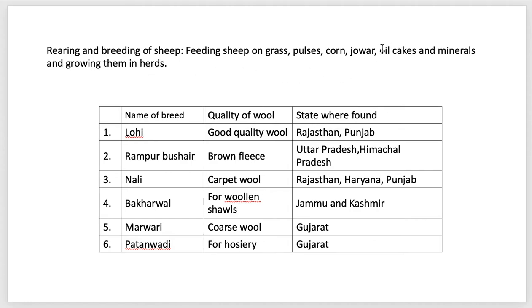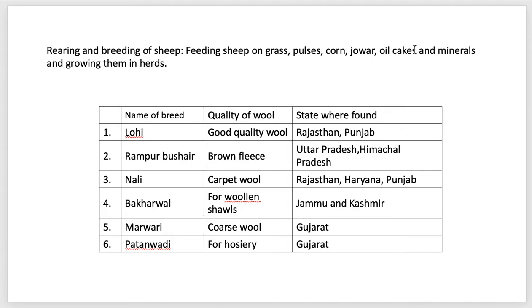What is oil cakes? Okay, let me make this simple for you. You know that oil can be extracted from certain seeds. Like if you take a newspaper, lay it down, and keep sunflower seeds or groundnuts on it, then when you crush them, you will see a little stain on the newspaper.